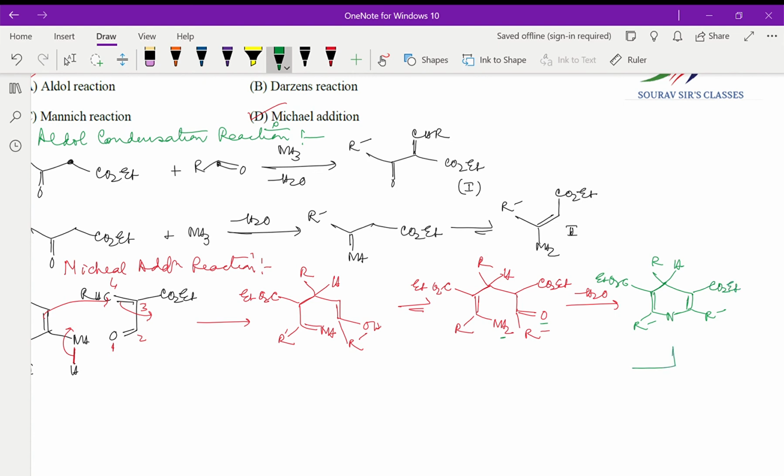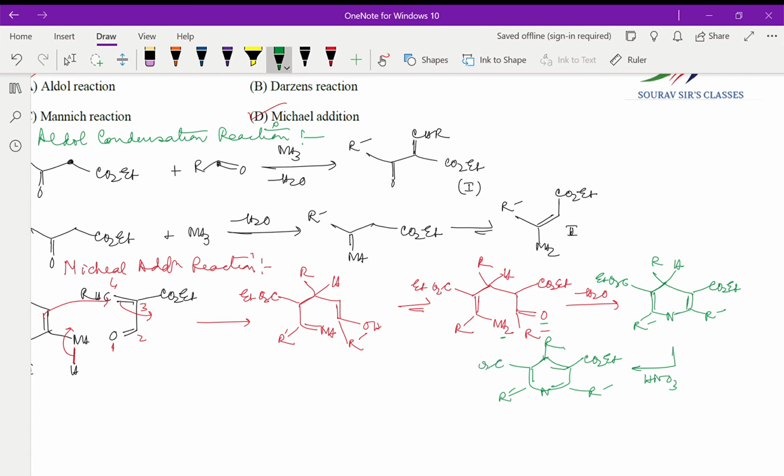At last, what is done is we have an oxidizing agent, which is HNO3, which is used over here. So finally, what will happen? That this R will come here, that R will come there, and we have an N over here, and then we have the CO2Et groups over here.